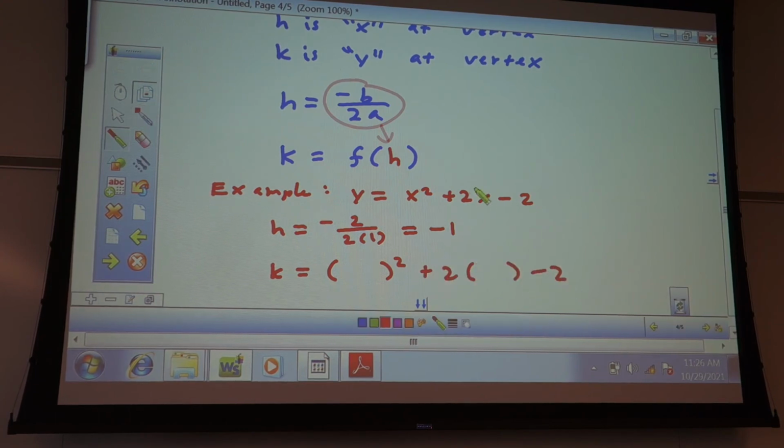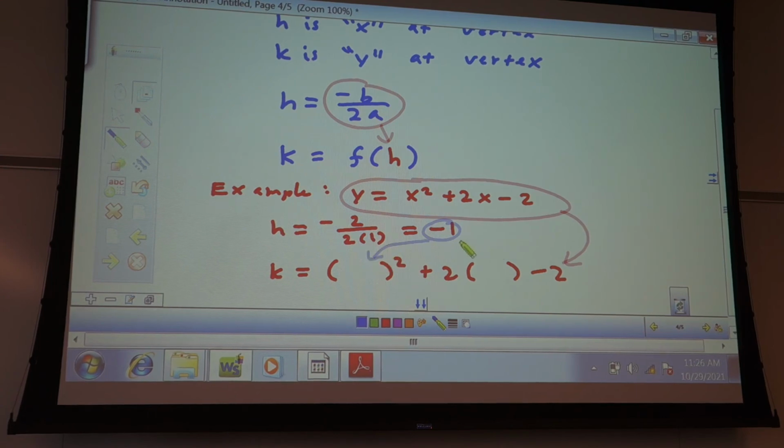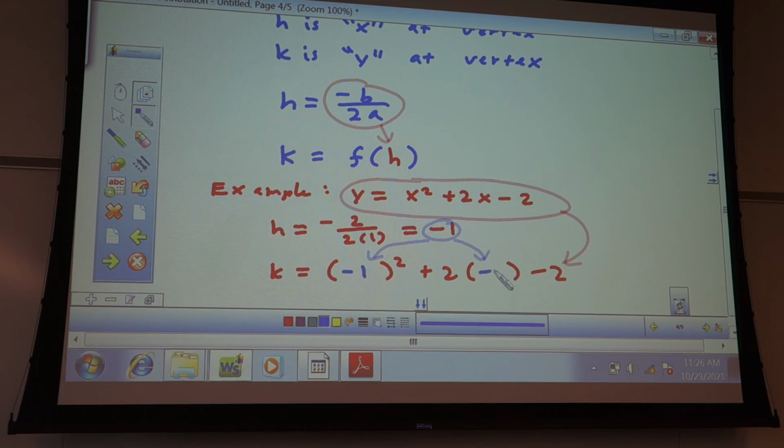So I just took this and put it in here, writing it down with parentheses in for the x's. Whatever we get, we plug in, and that equals negative 3. So then our vertex was negative 1 comma negative 3.